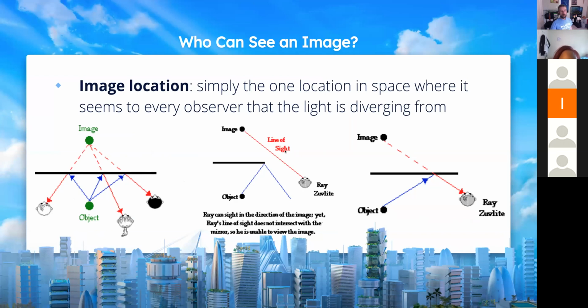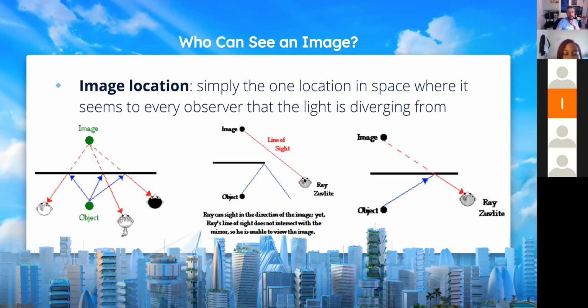This second picture here tells us that if the observer cannot actually see the object in the mirror, but is in line of sight of the image, then he cannot see the image. And this goes without saying.